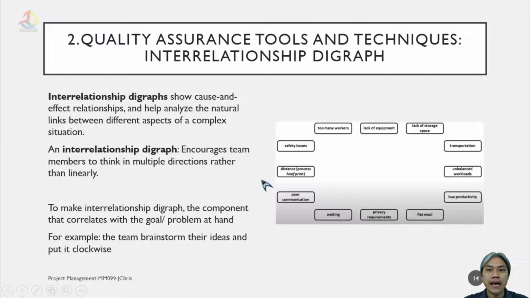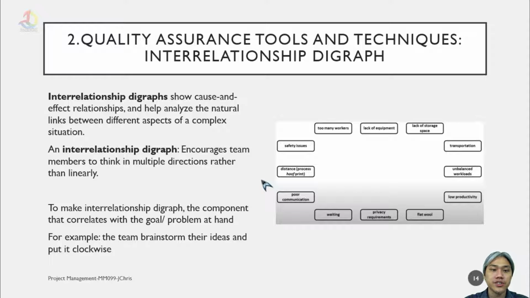The other technique is called the interrelationship diagram. It shows cause and effect relationships and helps analyze the natural links between different aspects of a complex situation. It encourages team members to think in multiple directions rather than linearly.